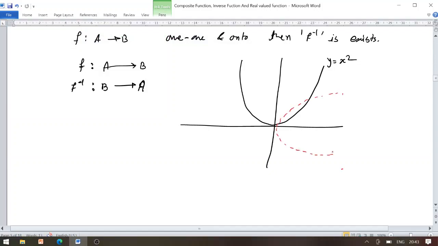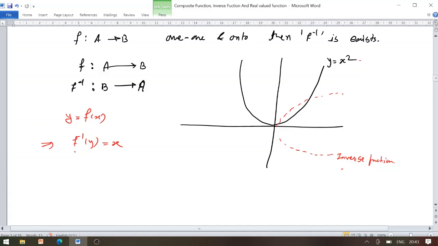So this is the graphical representation of the inverse function of f of x equals x square. So now we can represent the function y equals f of x, so that implies x equals f inverse of y.